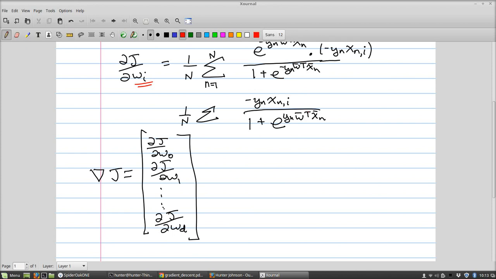All of this stuff is just a number, and here you have n going from 1 to capital N. So for this one you would have 0 for the i here. For this one, you would have 1 for the i here. And for this one, you would have d for the i.